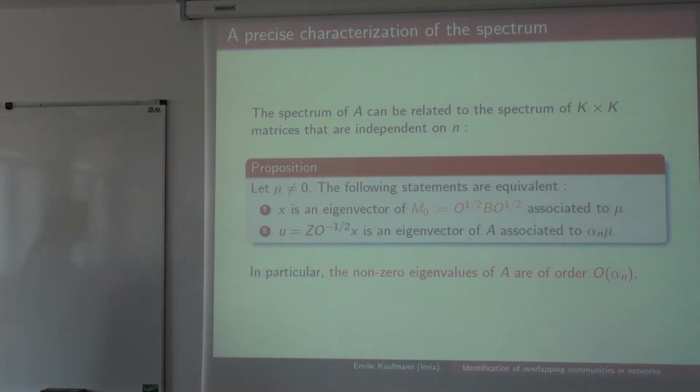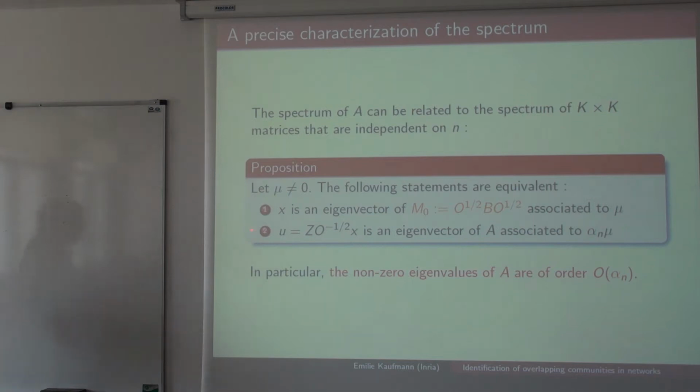Indeed, it can be shown that if we take an eigenvector of some matrix M0 that is constructed based on the overlap matrix and on the membership matrix, which do not depend on n, then U equal to Z O to the minus 1/2 times x is an eigenvector associated not to the same eigenvalue, but to the same eigenvalue multiplied by alpha n.